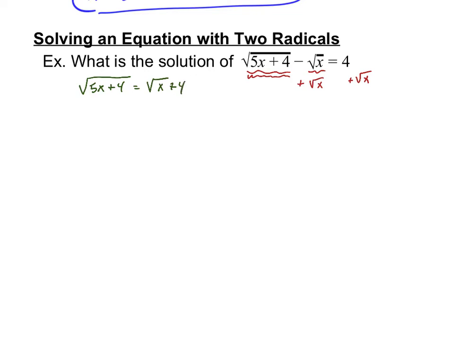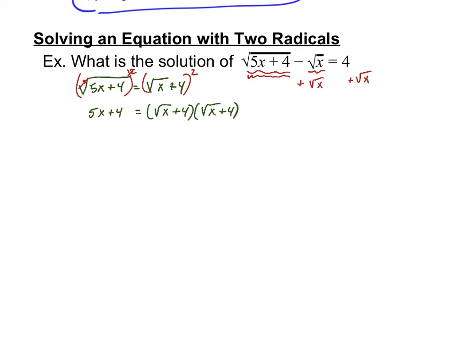And to get rid of this first radical again, we're going to square it. And if we square it, we have to square both sides. And we know that these things are going to cancel out. So I'm going to have 5x plus 4 is equal to, when I multiply this out, just so you know, this is what it looks like in case you've forgotten.